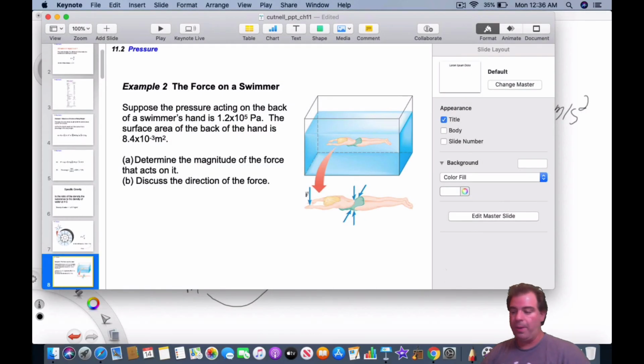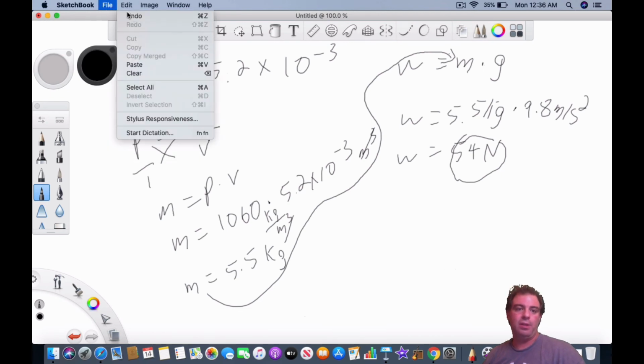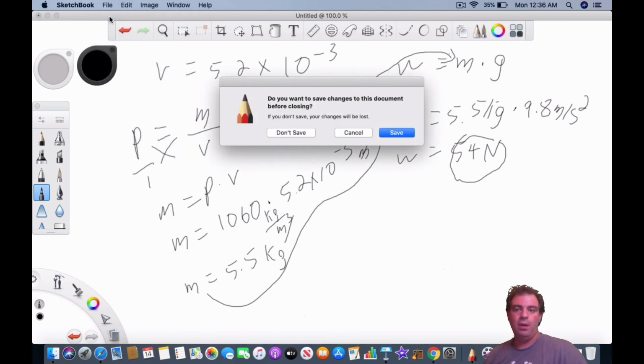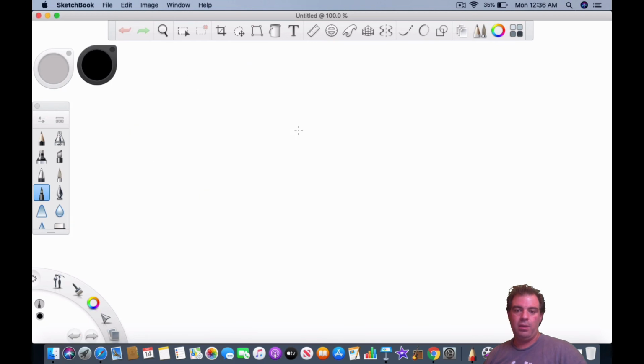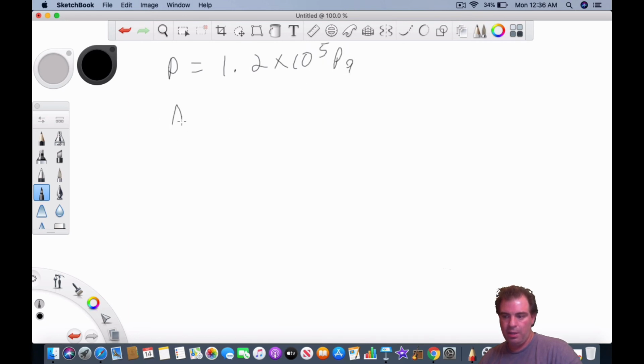So let's go back to our trusted sketchbook. Let us clear it out. We have been given that the pressure is 1.2 times 10 to the 5th pascals, and the area is 8.4 times 10 to the negative 3 meters squared.